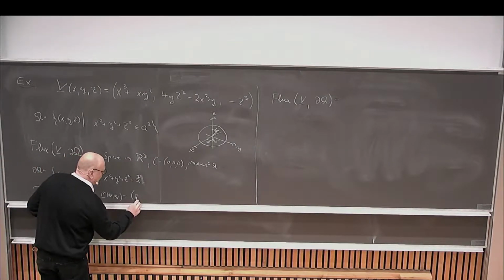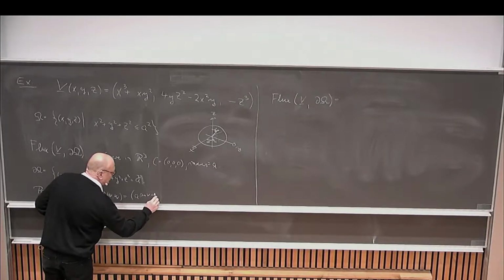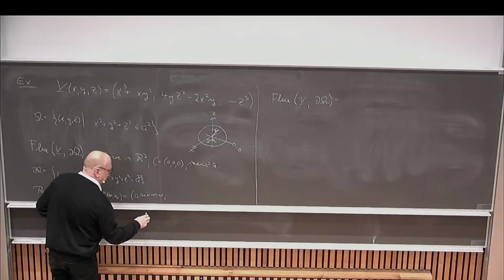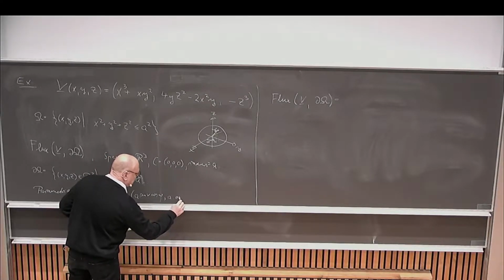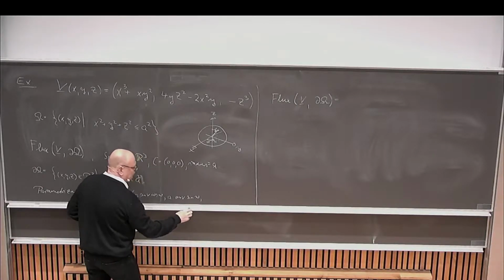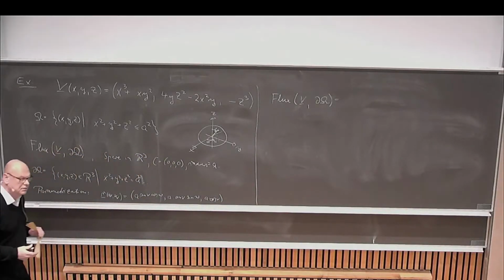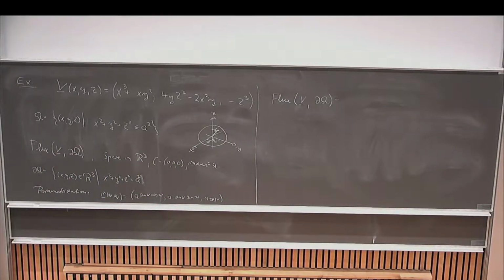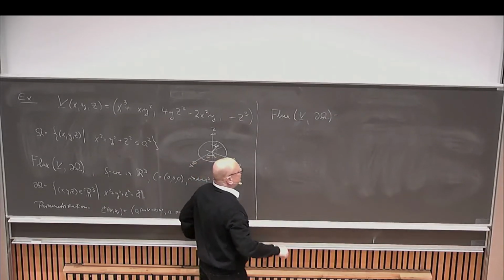So it'll be A sine of V cosine W, then A times sine of V times sine W, and then finally A times cosine V. So this is a standard parametric representation of this spherical shell.